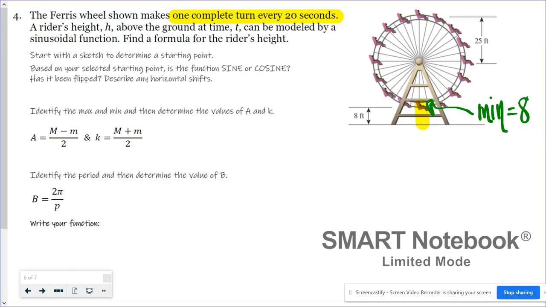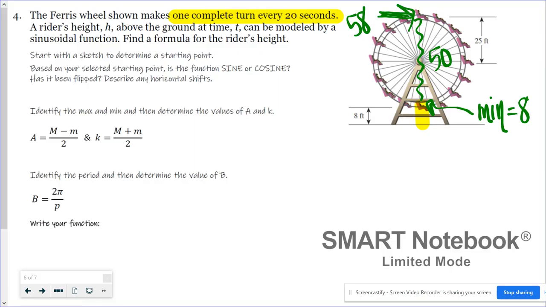They are indicating that the Ferris wheel has a radius of 25, which means the full diameter would be 50. So what would be the maximum height at the very top of this thing? We're looking at 58 as your maximum height.